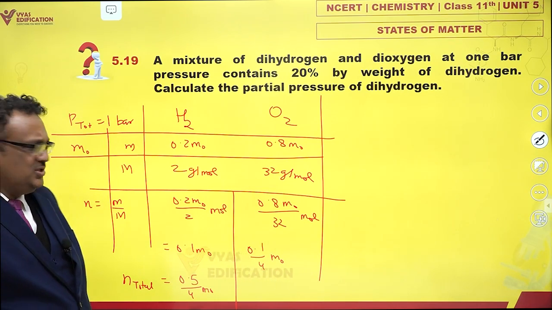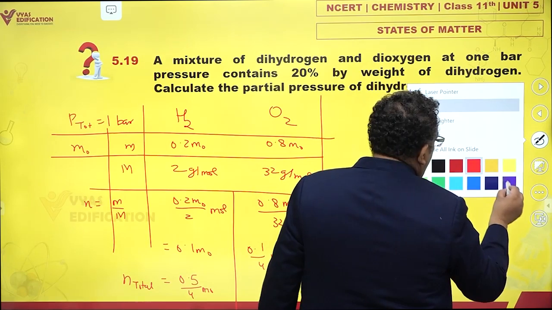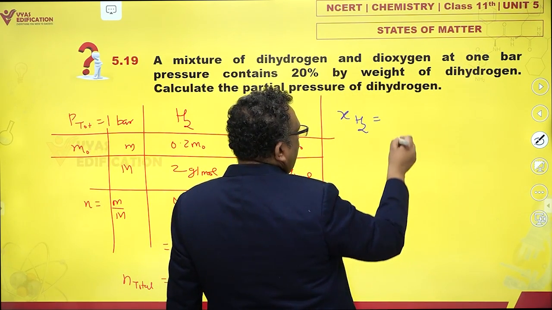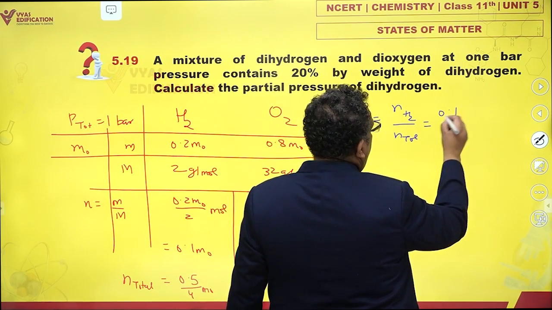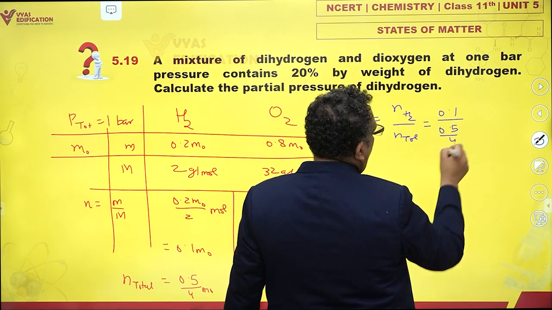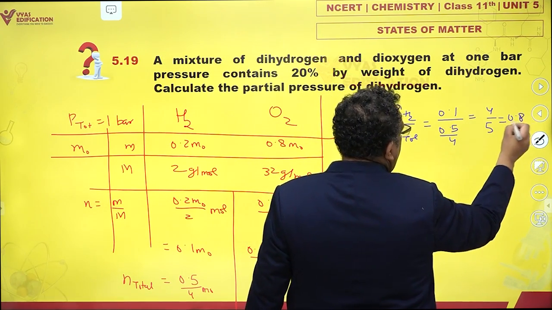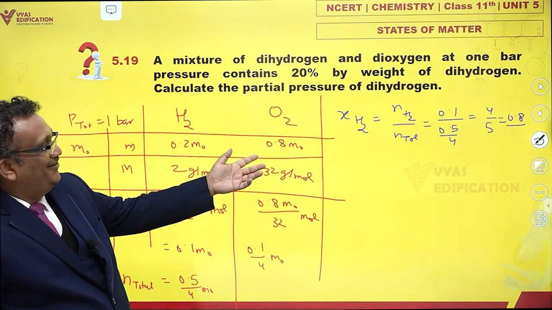Can I find mole fraction? Of course I can. How would I do that? Now, mole fraction of hydrogen is moles of hydrogen by total moles, 0.1 upon 0.5 by 4, which happens to be 4 by 5, which is 0.8. So, mole fraction of hydrogen is 0.8, right?